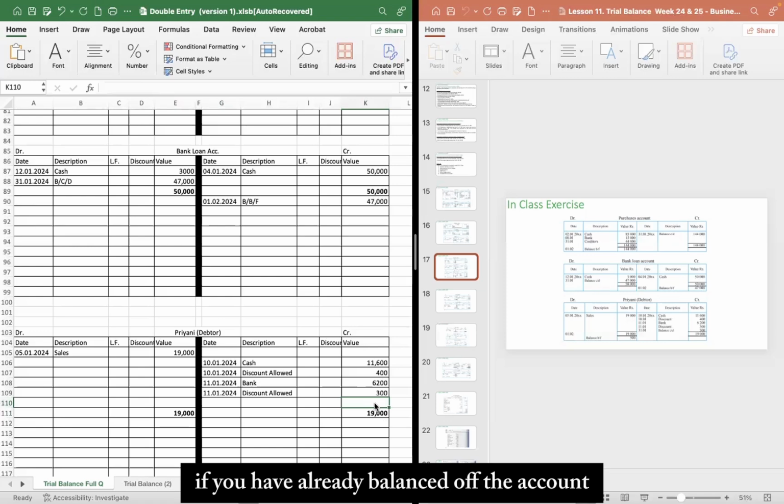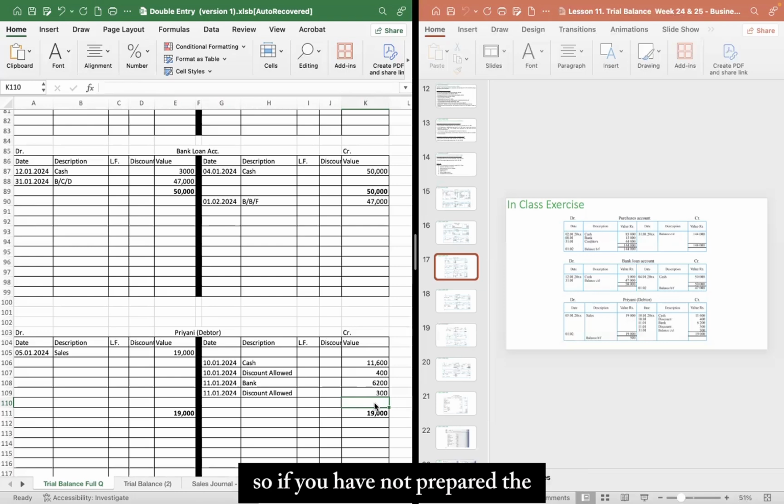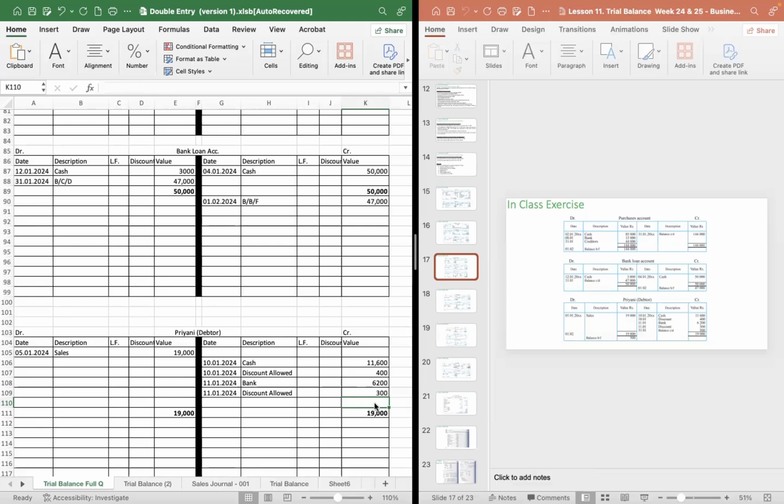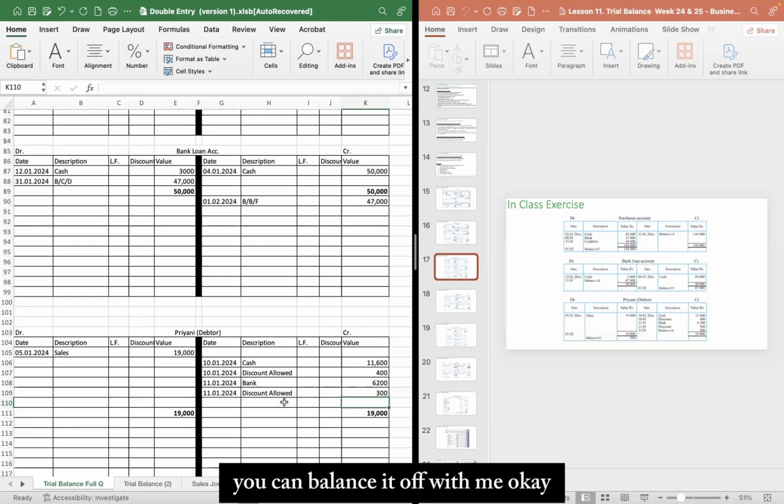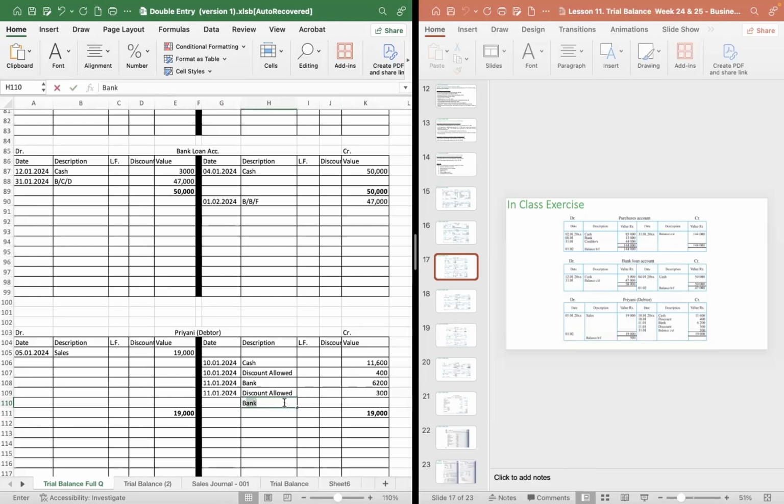If you have already balanced off the accounts, you can start preparing the trial balance. If you have not balanced off the accounts, you can balance them off with me. Balance carried down, 500.